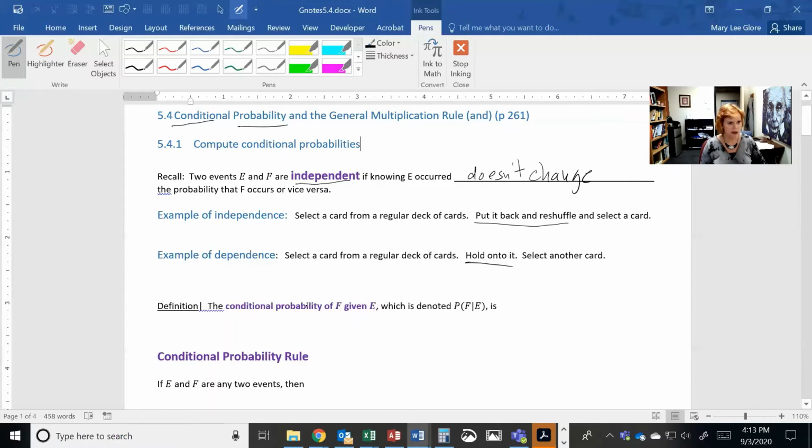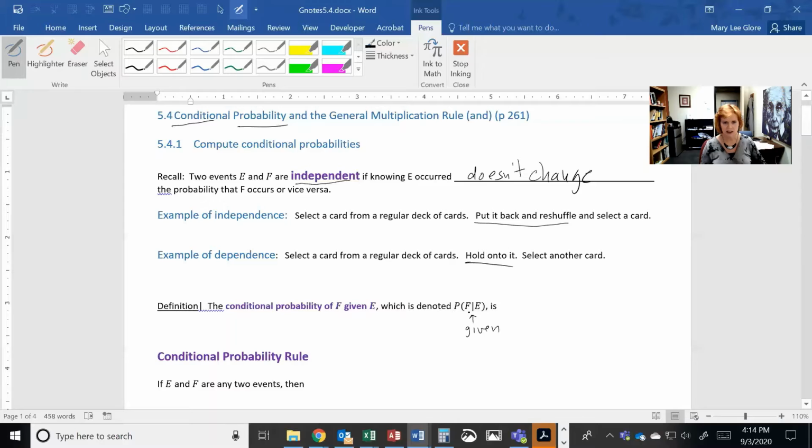So here is the definition. The conditional probability of F given E, where these are events, we denote as the probability of F, slash, E. When you're reading that slash, you can think it means given.